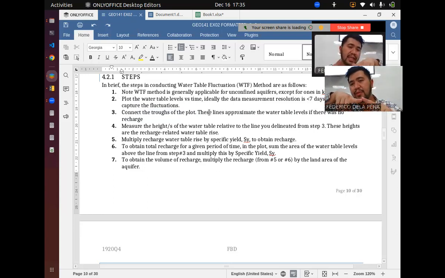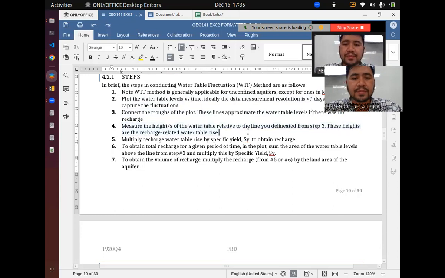So ko-connect lang natin yung mga lows nila. Yung lows na yun yung parang water table level dapat kung walang nangyaring recharge sa aquifer. Parang yun yung normal levels niya. Okay? Without the recharge.